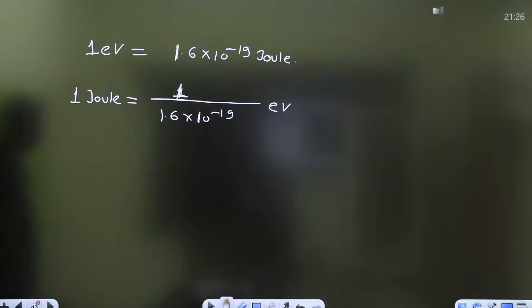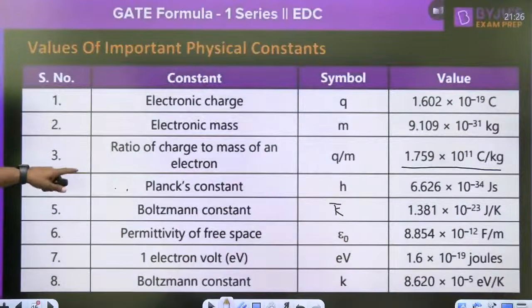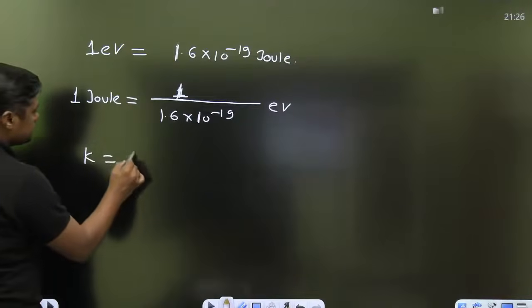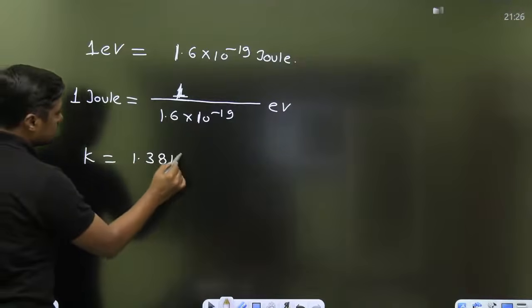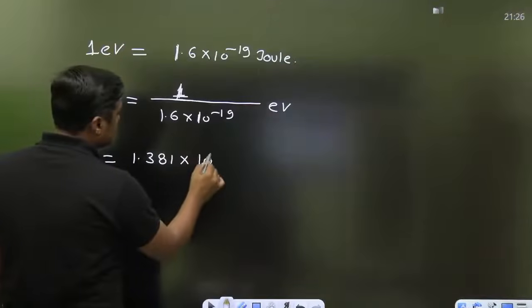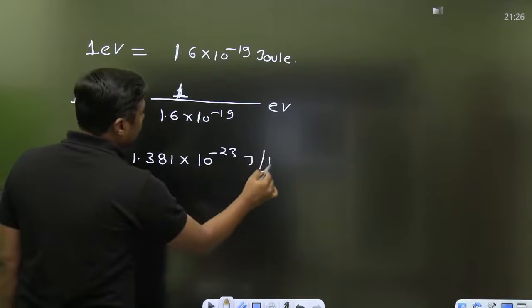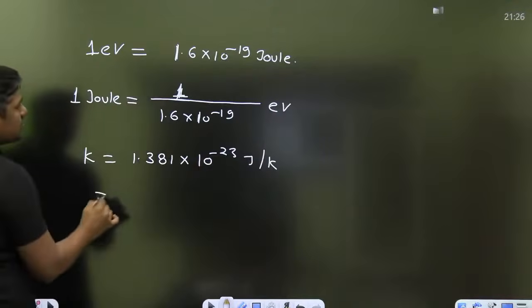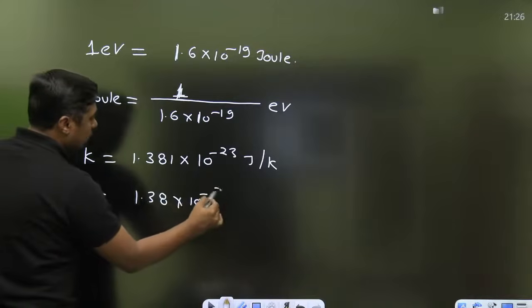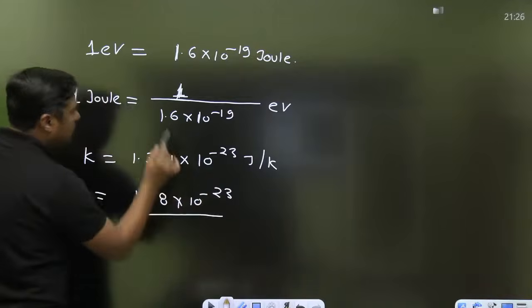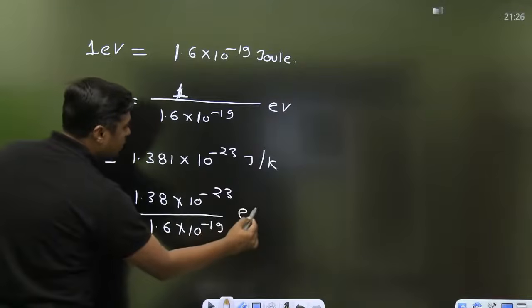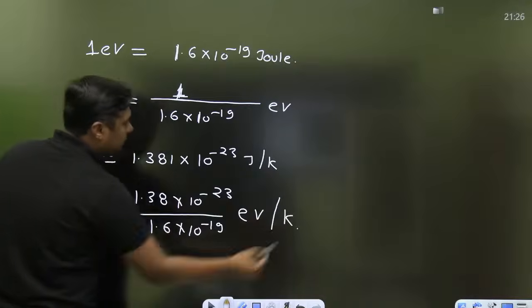Similarly, in the Boltzmann constant, 1.381 into 10 raised to power minus 23 is in joule per Kelvin. So 1 joule is equivalent to this much electron volt. So 1.38 into 10 raised to power minus 23 divided by 1.6 into 10 raised to power minus 19 is converted into electron volt per degree Kelvin.